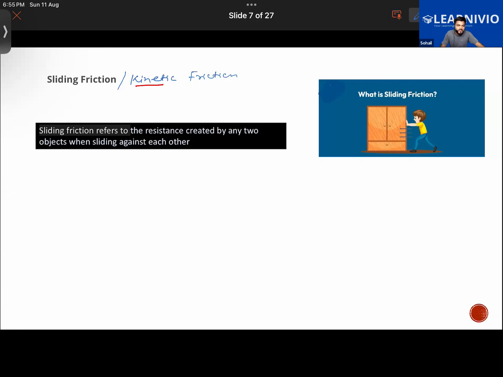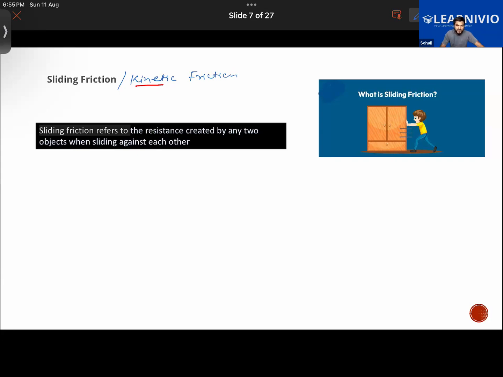Furthermore, whenever an object is sliding over another object, you will not be able to slide it very easily. Some resistance will be observed here. The force of resistance that exists between two objects when one object is slid over another is called sliding friction.